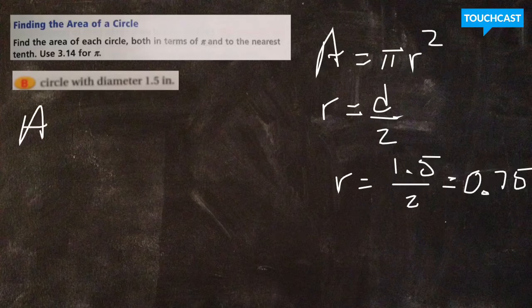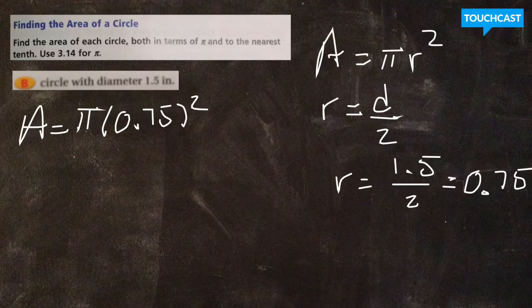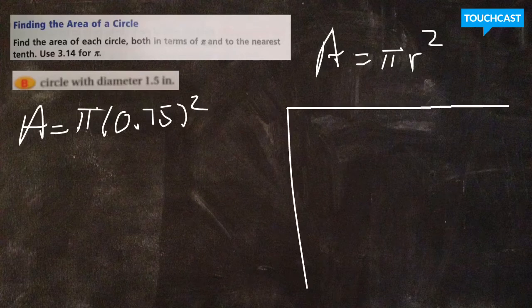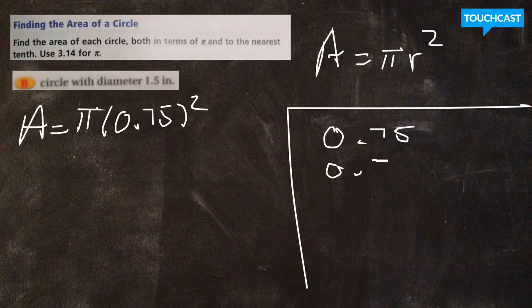A is going to equal pi times 0.75 to the second power. Let's make some space so we can do some work on the side. Okay, so 0.75 times 0.75. 5 times 5 is 25.